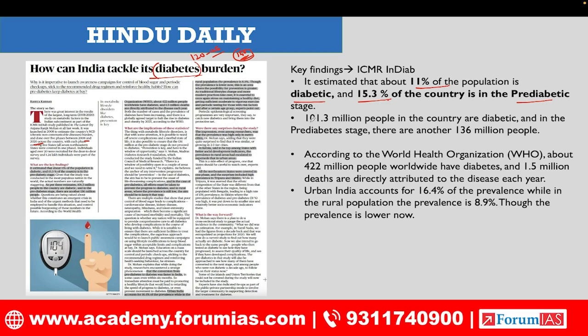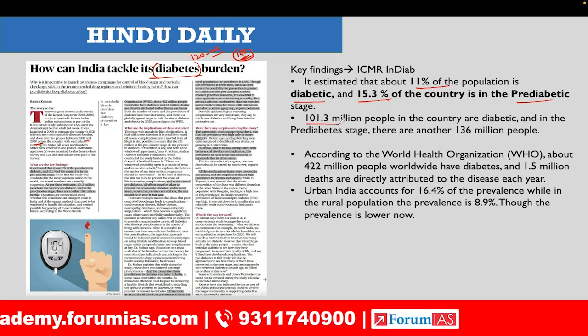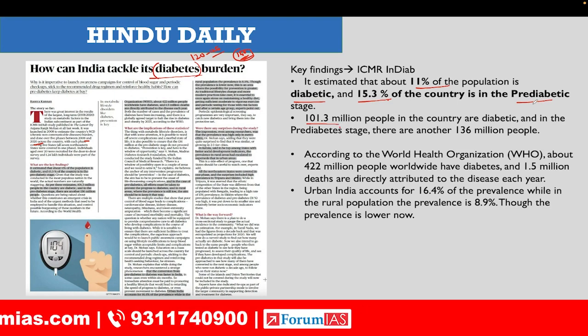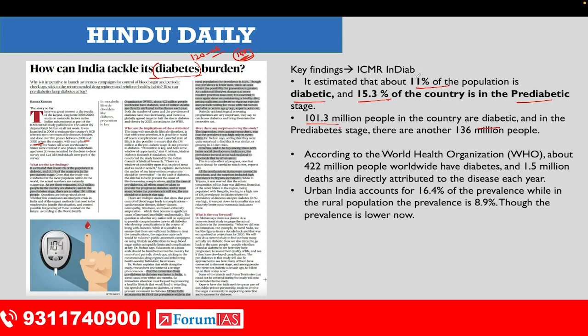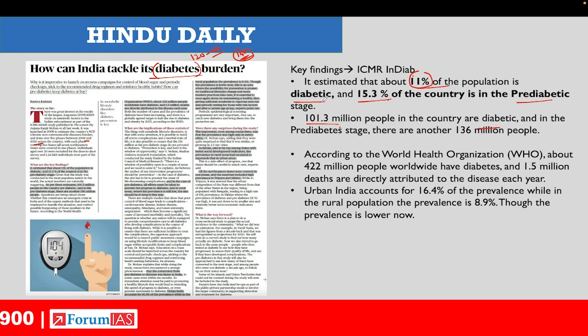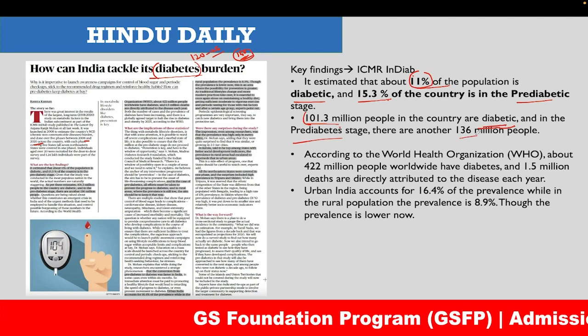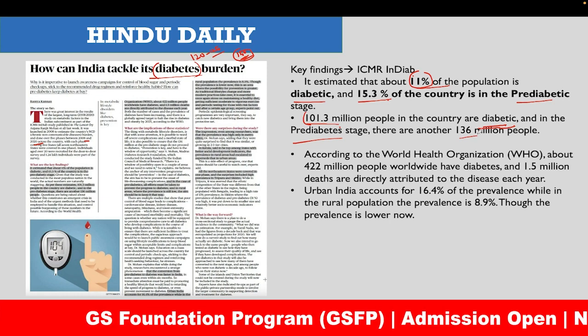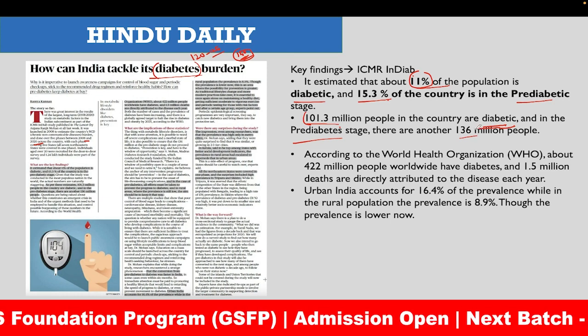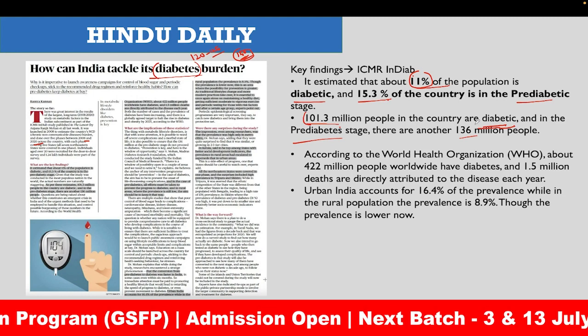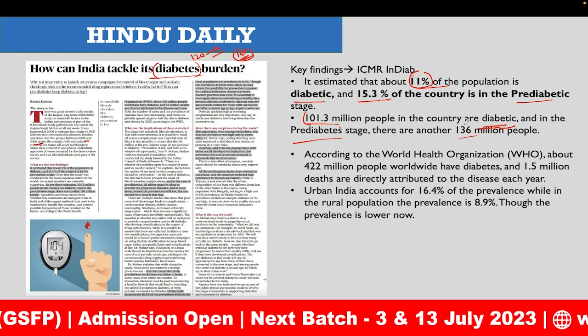It also states that in India, 101 million people are diabetic. In percentage, they had given 11%, but we are a highly populous country, right? So almost 10 crore people are diabetic in India. And with respect to pre-diabetes, almost 13 crore people are in the pre-diabetic stage, which means in the future, there is a huge possibility for 13 crore people to become diabetic patients.